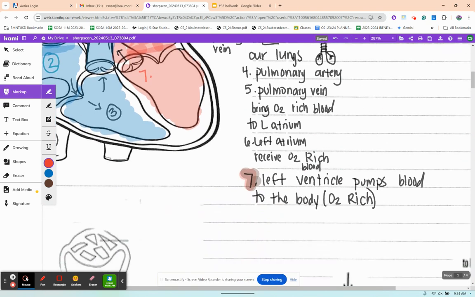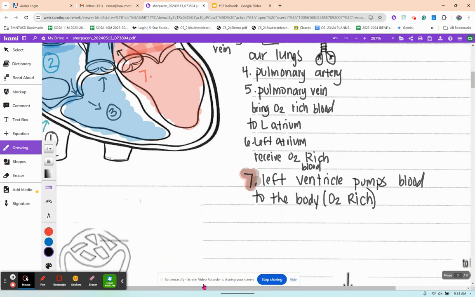So our aorta carries that blood from the ventricle to the rest of the body.